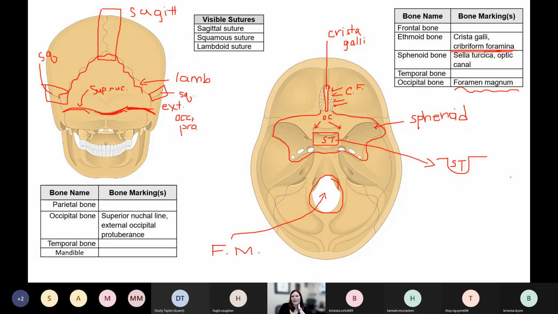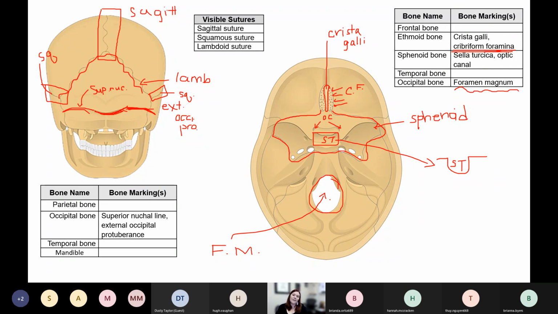Okay, let's take a guess. If you were to guess what might be inside this hole, any ideas of what might be inside the foramen magnum, inside this big hole here? Exactly.